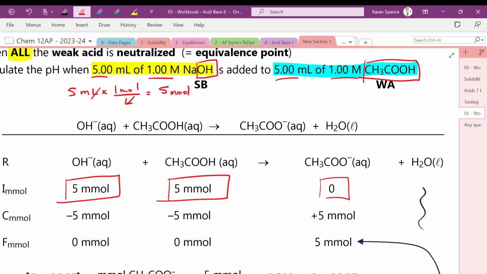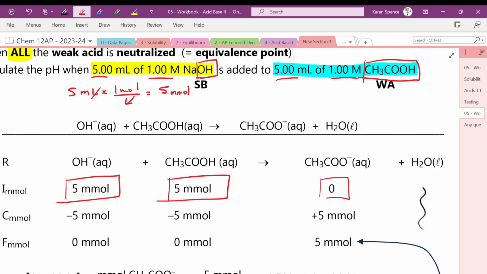Do you remember the last time I did this? I said at least one of the reactants will get used up. Yes? However, in this case, both of the reactants get completely used up because we are at the what point? When you have equal moles of each and they both get used up, what do we call that point? That point is the equivalence point.